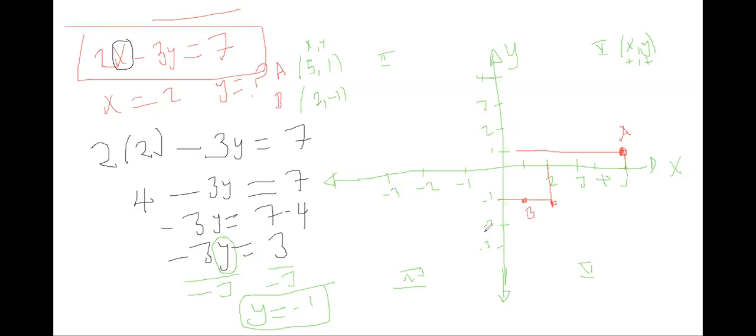Let's make this clear. We have the second point, the B point. We have x equals 2, which is here, and y equals -1. Where they intersect will be our point, and that will be the solution for that linear equation.